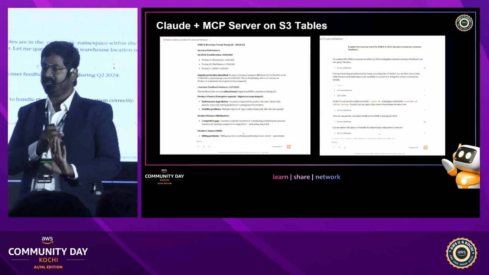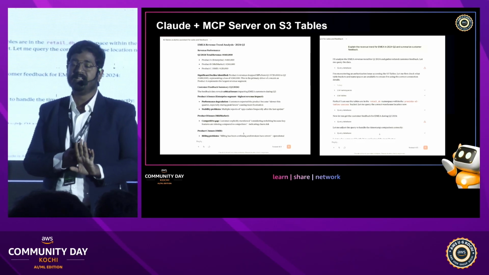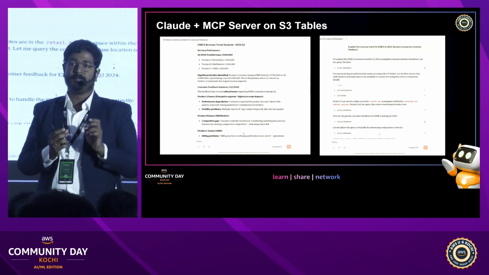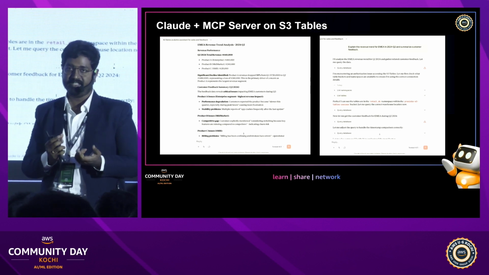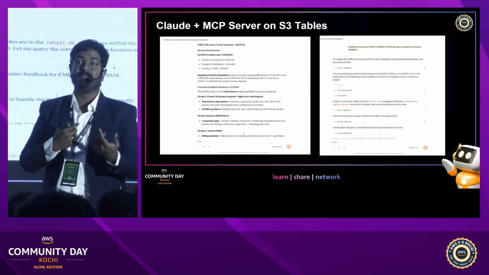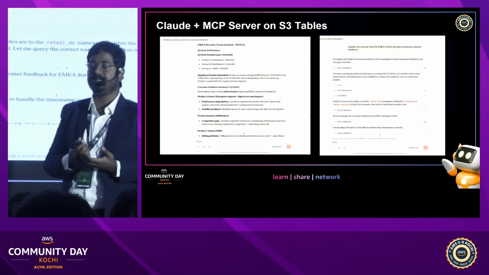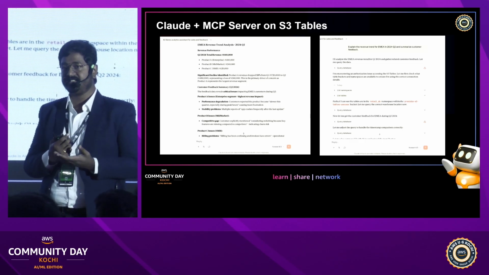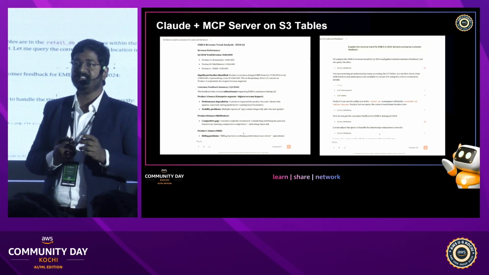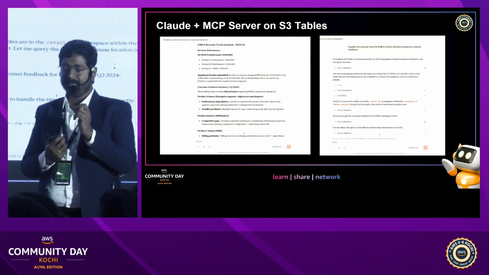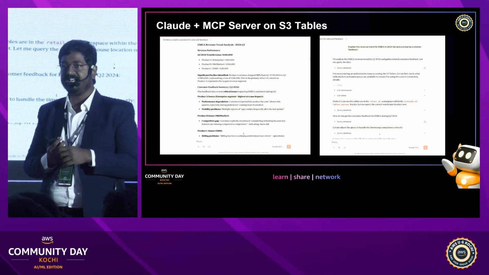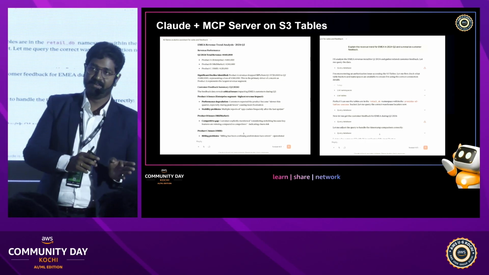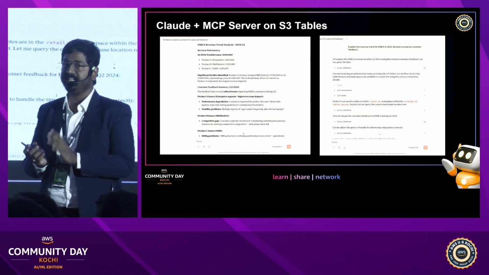The MCP server is already provided by AWS, and we provide access control restrictions by using an AWS profile that follows the least privilege principle, providing only read-only access using both IAM and Lake Formation services.